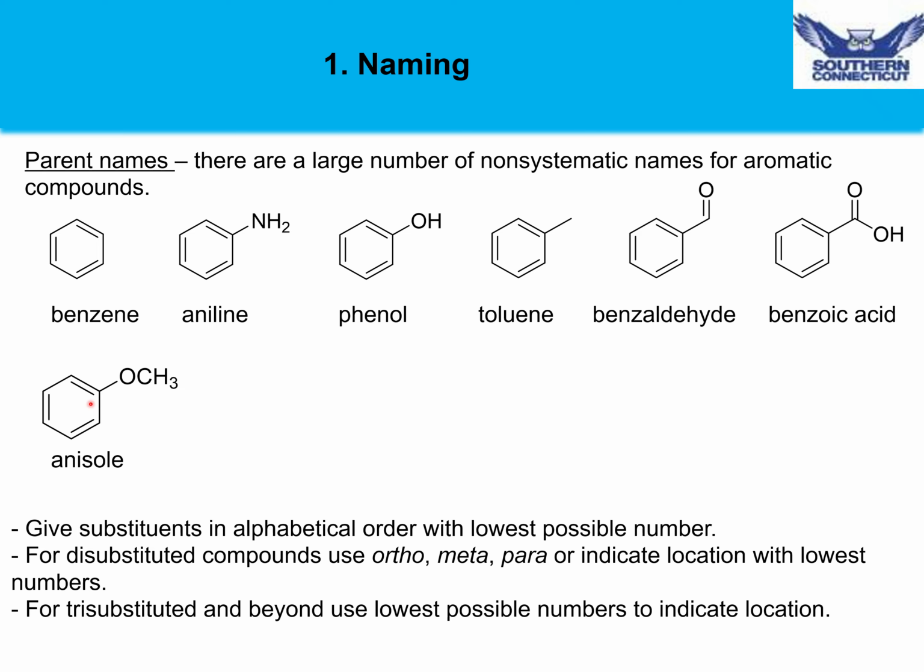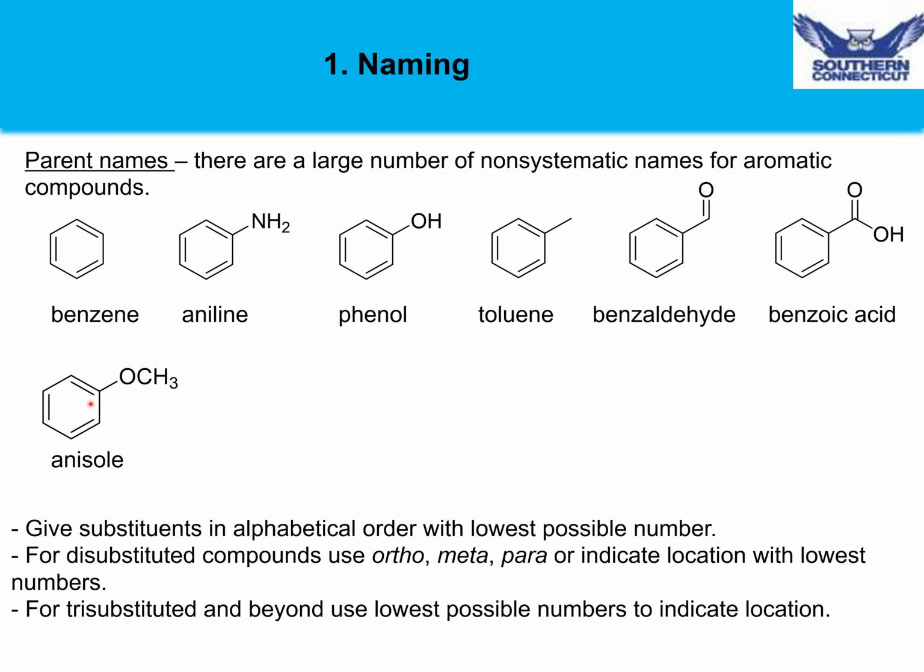In order to name substituted aromatic compounds, we simply use one of these parent names and add a substituent based on where they're located in the benzene ring. We can use numbers as we have for other alkyl compounds, or we can use ortho, meta, and para if there are 2 substituents on a benzene compound.